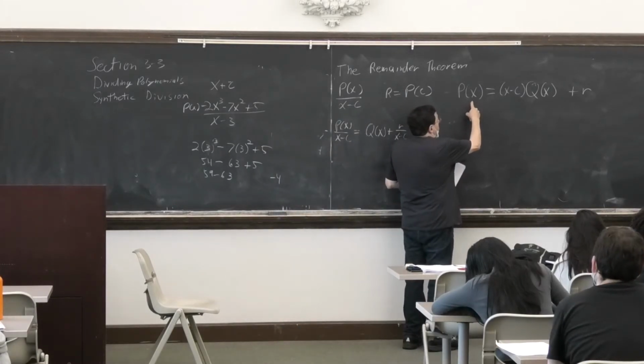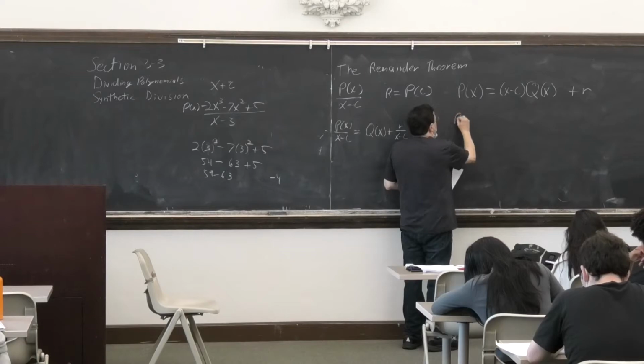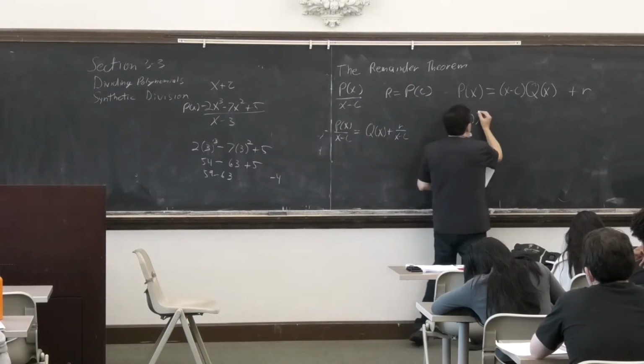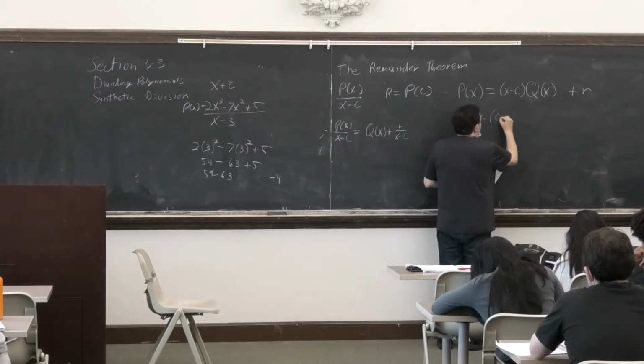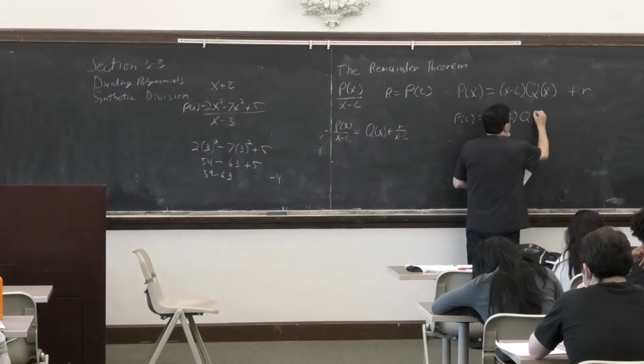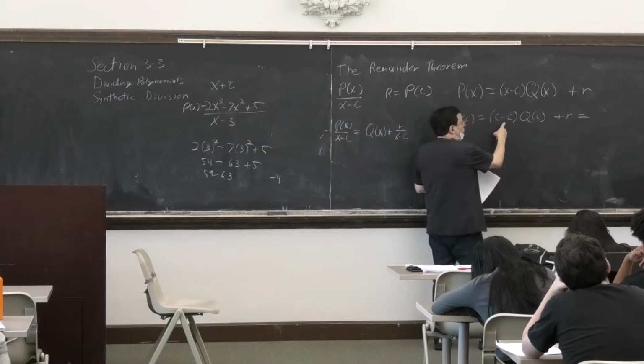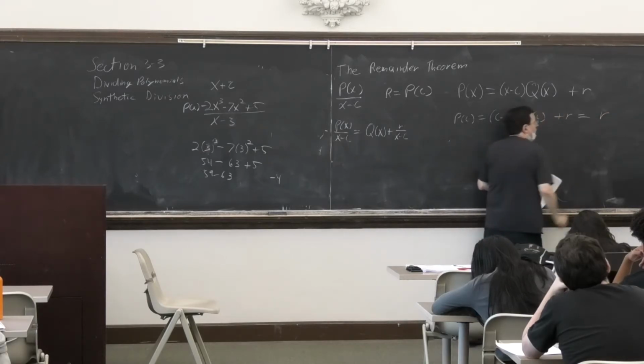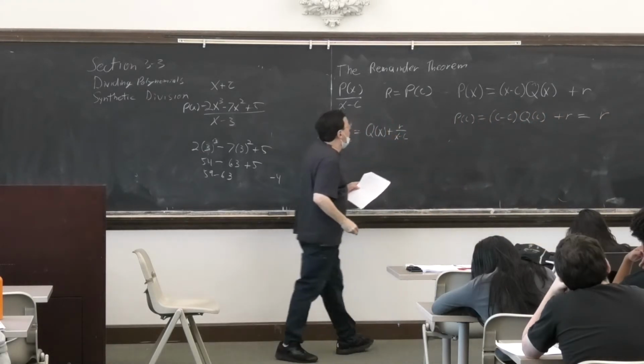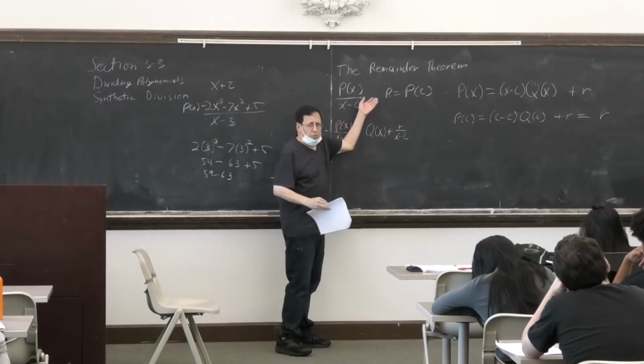We then plug in c here, what do we get? Well, this is 0, so this is just r. That's the whole proof of the remainder theorem.